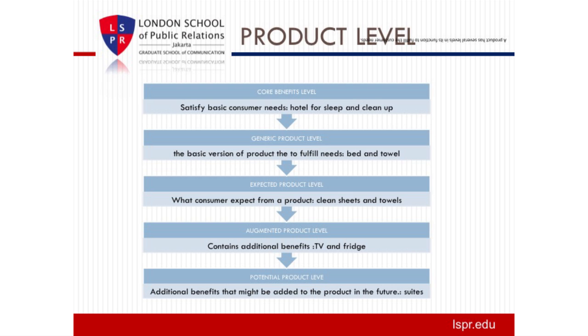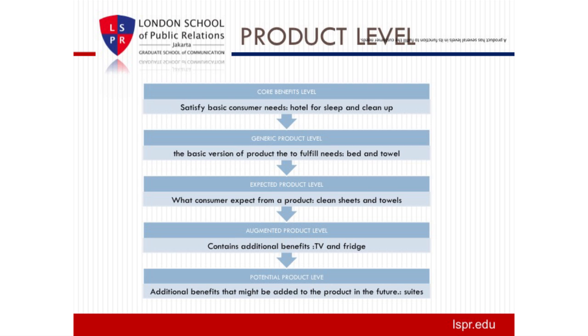And of course, there's an expected product level, because if you go to a hotel, you expect to sleep in a clean and comfortable bed, and a clean bathroom with a nice clean towel. However, the product can be augmented to have other benefits.